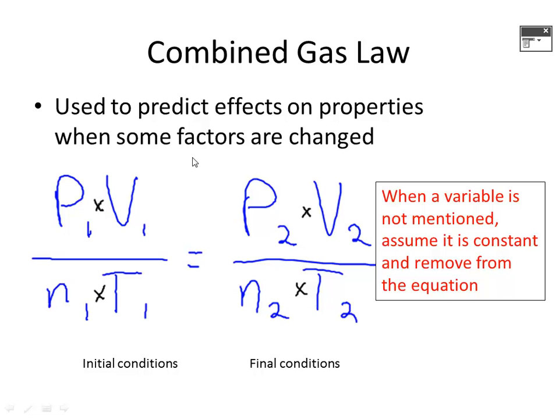A key thing about this equation: when a variable isn't mentioned, we're going to assume it's constant and remove it from the equation. P is pressure, V is volume, N is number of moles, and T is temperature in Kelvin.